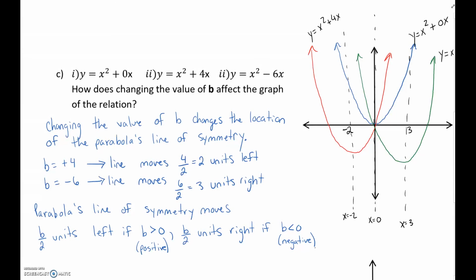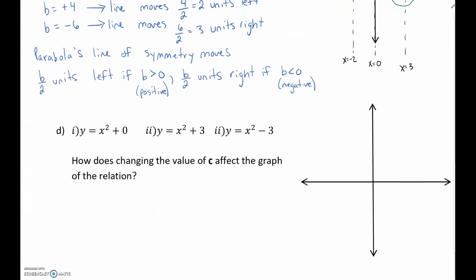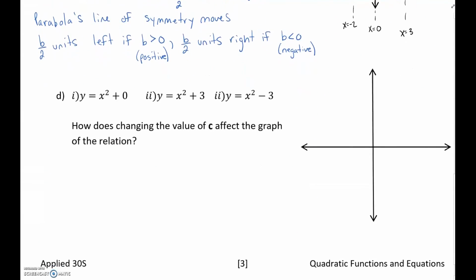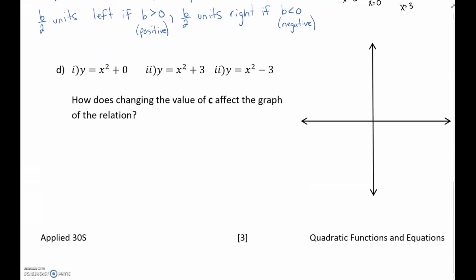Okay, let's take a look at the last example here, the last exploration. How does changing the value of c affect the graph of the relation? You can see our c value is the value at the very end, and before we actually put this into our calculators, you can anticipate what's going to happen.